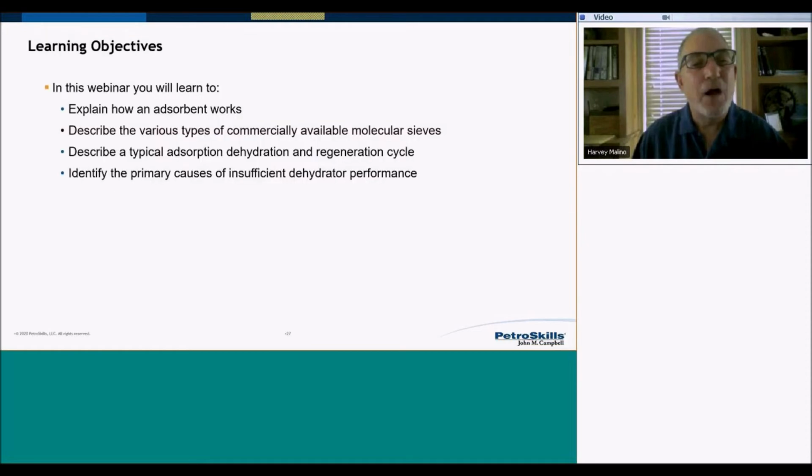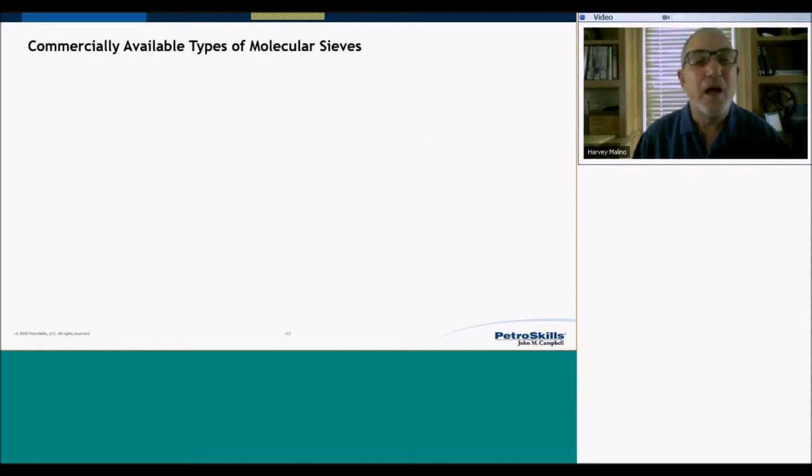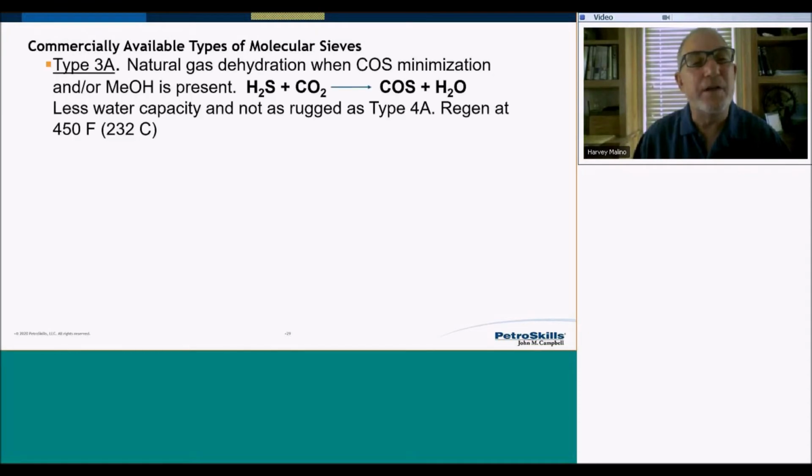Okay, let's see what is available on the market today. Commercially, and this is going to be a busy slide because there's a lot of material that I want to make sure that everyone is on board with. You have type 3A. Type 3A has a nominal pore opening of 3 angstroms.